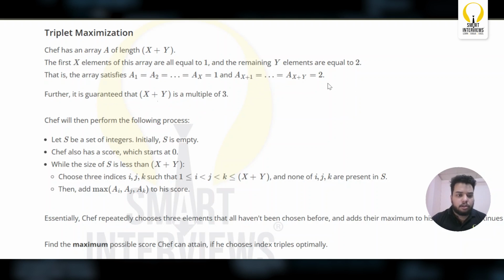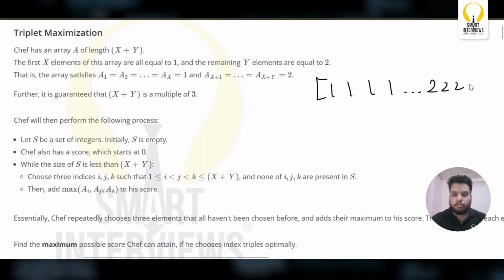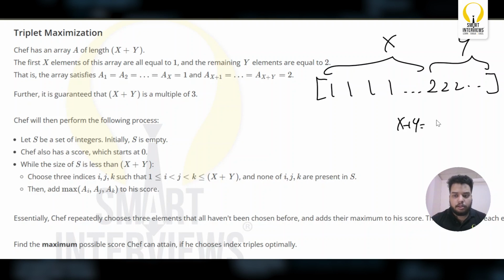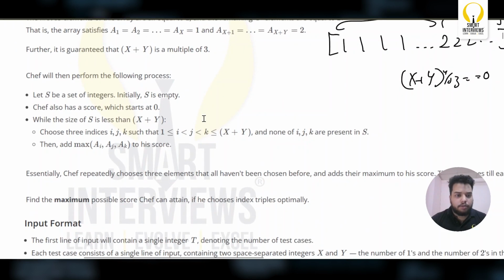Okay, so till now we have this many x and this many y, and x plus y is divisible by 3. Chef will perform the following operations.